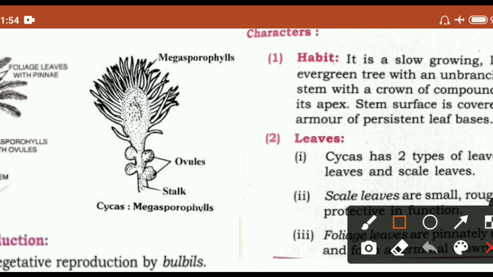In the house also, the male is small, micro, okay, and the ladies have the highest position, okay, they rule the world, they rule the house, so they are mega, the male is micro. Is that understood now? Okay, so the female sex organ is called megasporophyll. So I hope you have understood this.